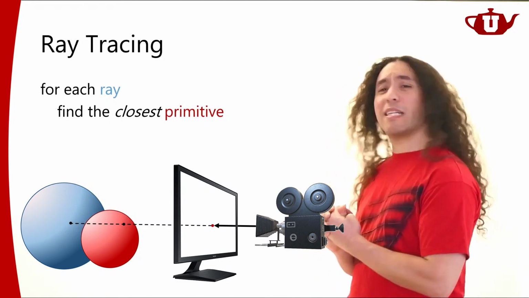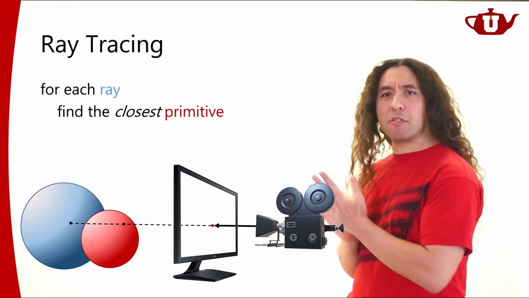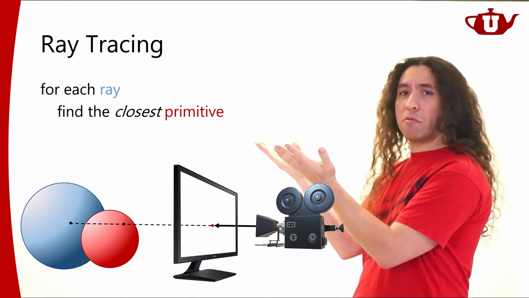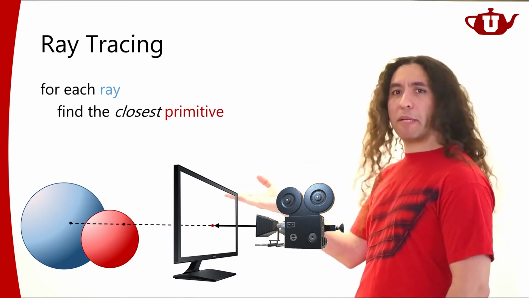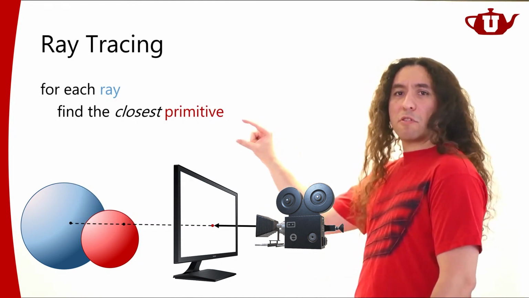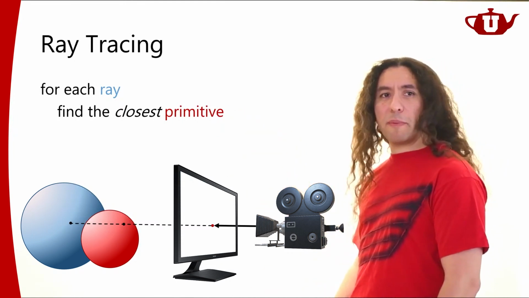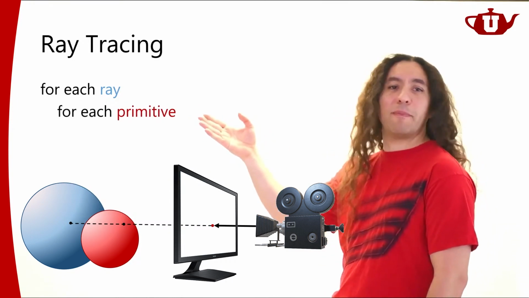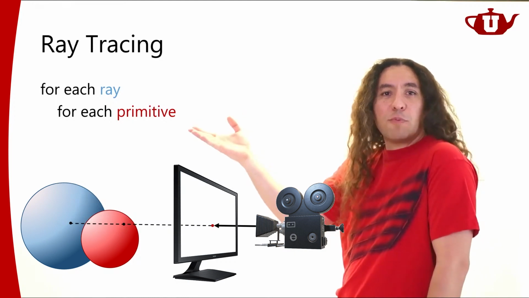Okay, how am I going to do that? Well, the simplest thing you can do is just look at all primitives and see which ones intersect with the ray, right? So just find the closest primitive. I can convert it to a for loop, right? For each primitive, what am I going to do?